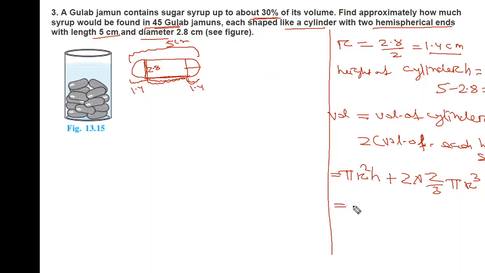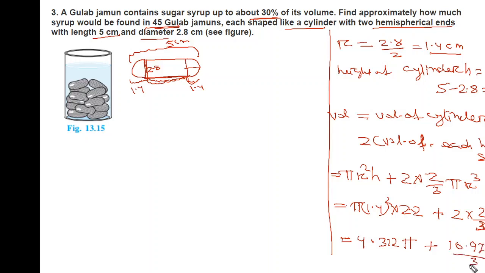So you can write pi 1.4 square into h is 2.2 plus, here it will be 2 into 2 by 3, into r cube, r is here 1.4, 1.4 cube, which will be equal to, you please calculate it, it will be equal to 4.312 pi plus, okay, we have to write pi here, 10.976 by 3 pi.